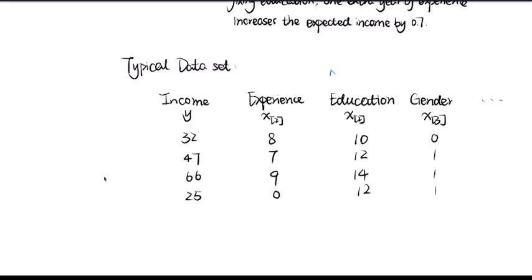The effect of experience on income depends on education. That is what the word interaction means, if the interaction is significant. Does that make sense? If the interaction is not significant, then you expect the factor to have a consistent effect on the response.